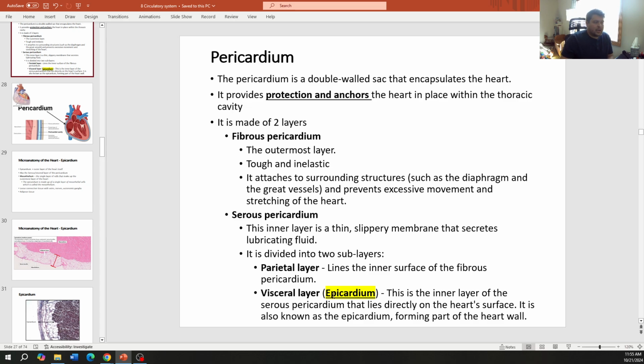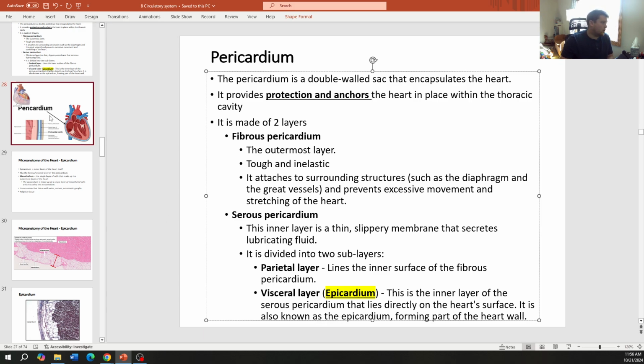The visceral layer is the epicardium, which we're going to talk about after this. So the visceral layer is the inner layer of the serous pericardium. It lies directly on the heart surface, is also known as the epicardium, and forms part of the heart wall.